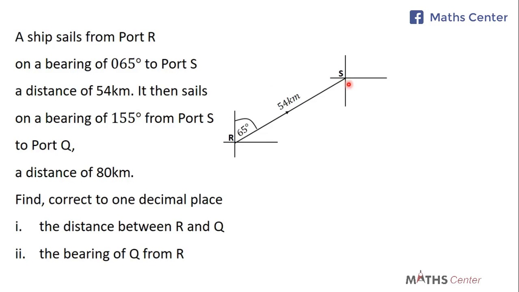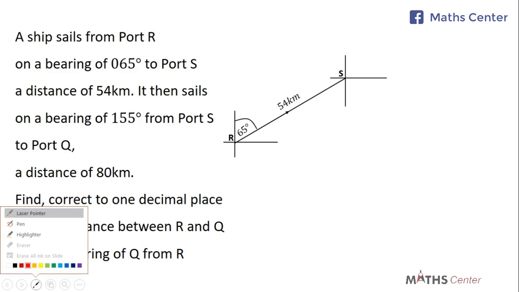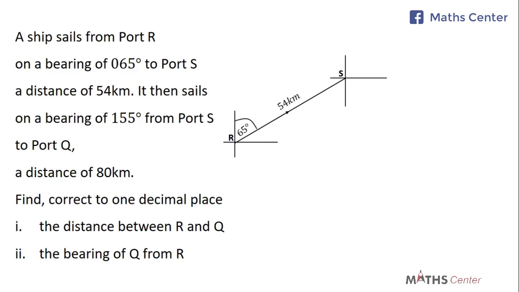So you are going to measure 155 degrees from Port S. We know that also on Port S, here will be 0, here is 90, here is 180, and here is 270.